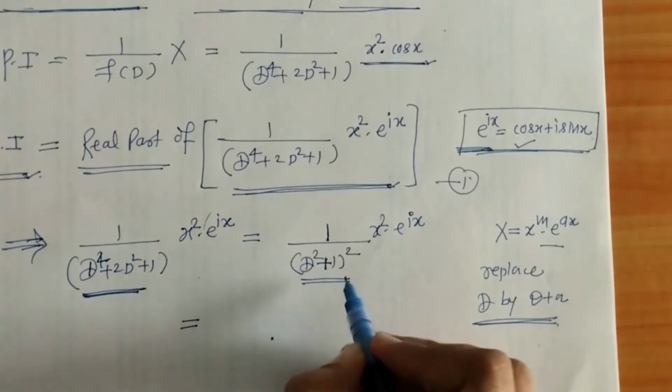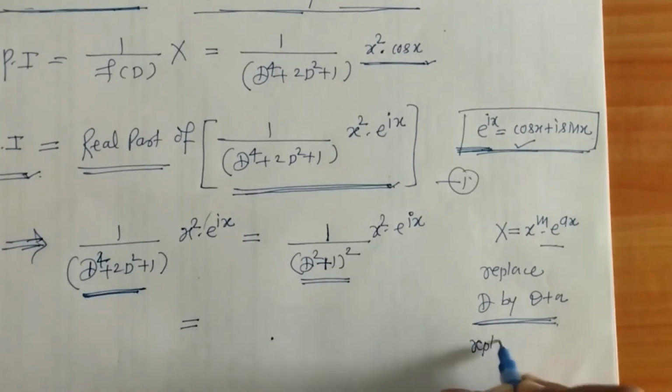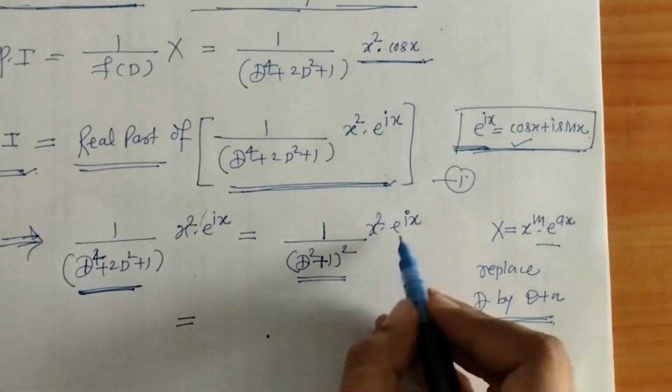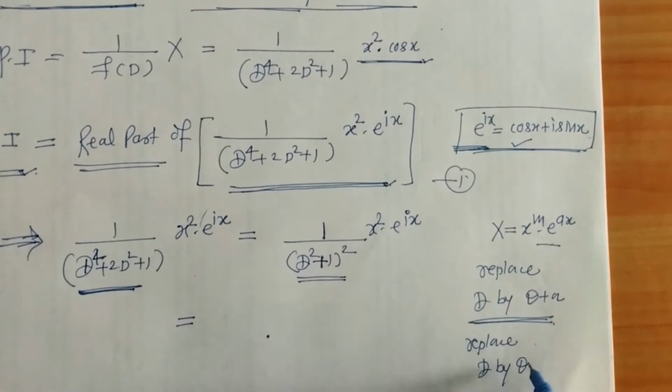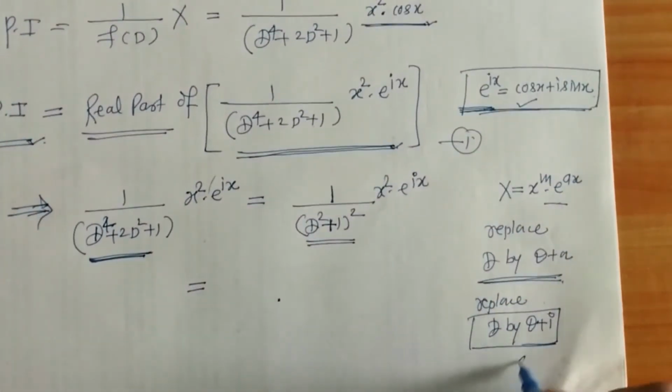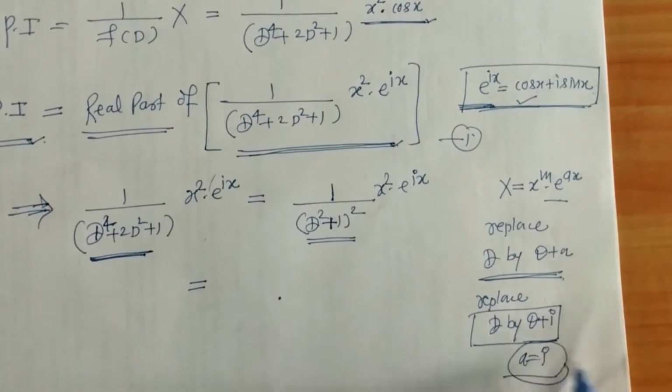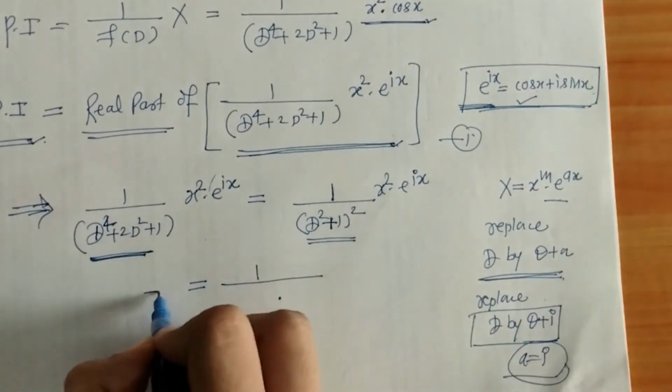Now we will replace D by D plus a, and a is the coefficient of x here, so a is i.